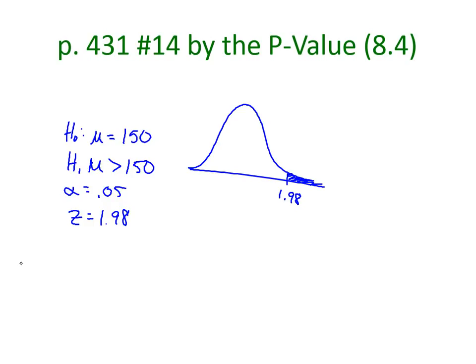Are we all getting 0.9761? Okay, so once I know that 0.9761 is my area to the left, my area to the right is 1 minus 0.9761, which is what? That is the probability. That is my p-value in this case, because it's just a right-tailed test. It is that area there. So my p-value is 0.0239.